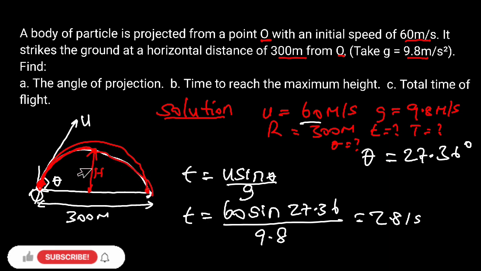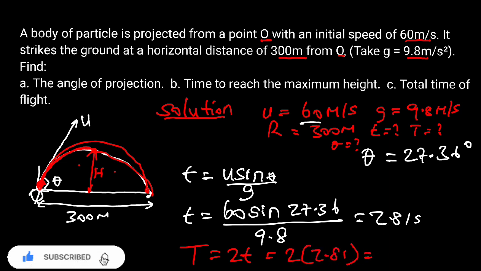These are the same, so it is 2 times the time to reach the maximum height. So the total time of flight is 2 multiplied by 2.81, which equals 5.62 seconds.